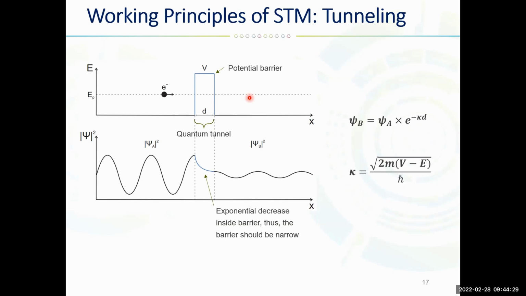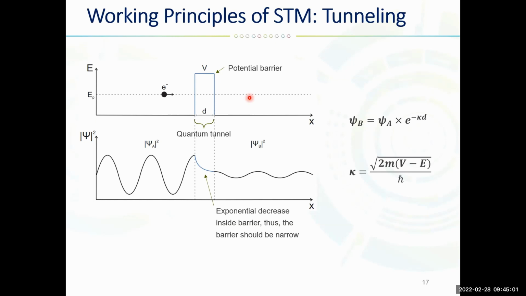And then when the specimen and the tip are brought close enough to each other, there is only a narrow region of empty space left between them. So the tip does not actually touch the surface of the sample. On both sides, the electrons are present up to this Fermi energy, and they need to overcome a barrier of this empty space to travel from tip to specimen and vice versa.